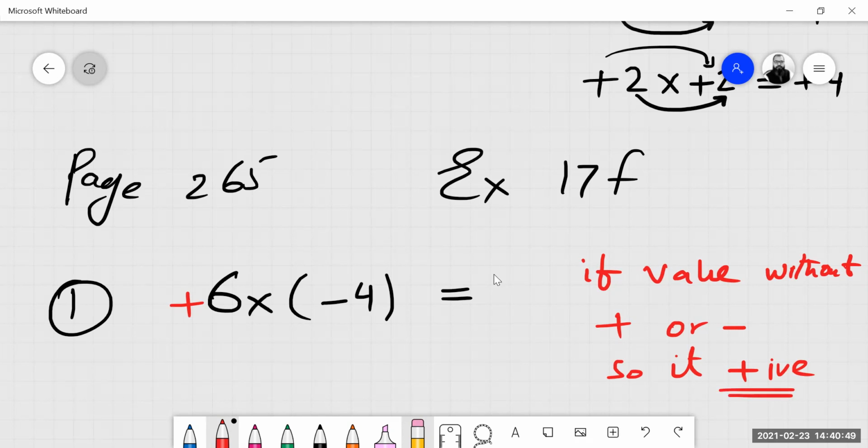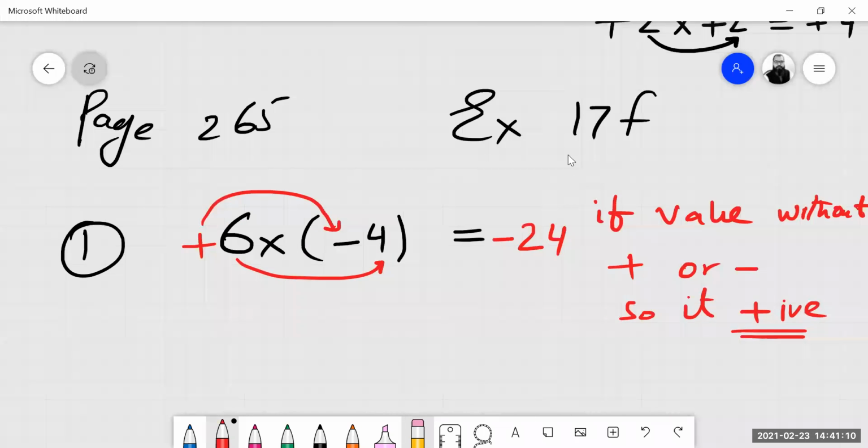Here there is no sign, so this 6 is a plus value. Now the answer: plus multiply minus equals minus. And 6 multiply 4 equals 24. That was question number 1.